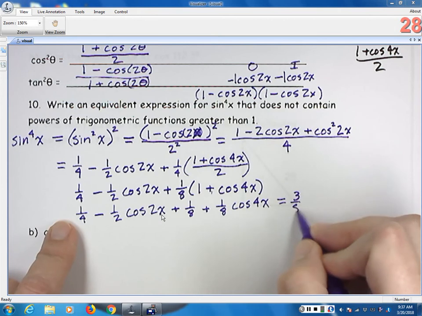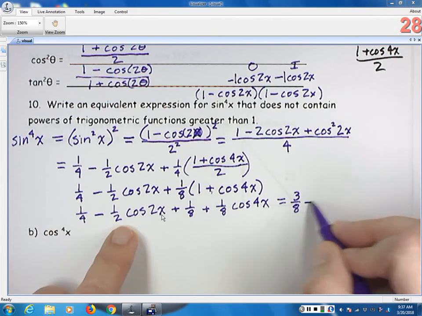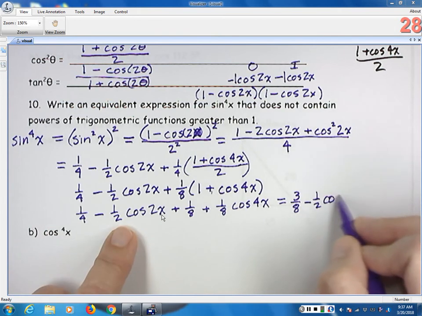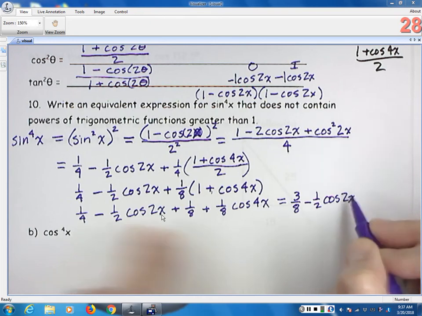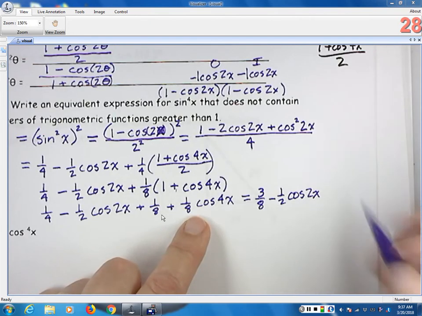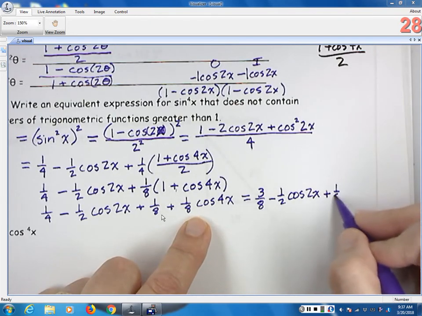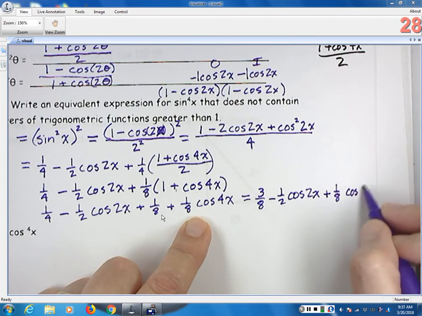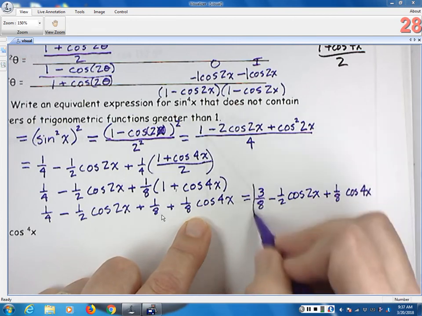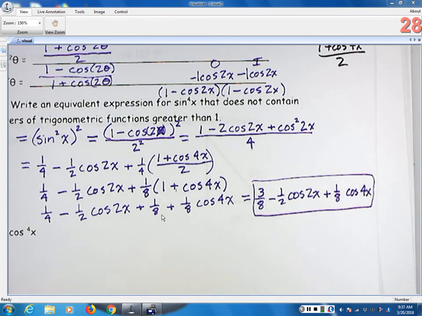So 3/8 minus a half cosine 2x plus an eighth cosine 4x. Okay. That makes sense? Yes. All right.